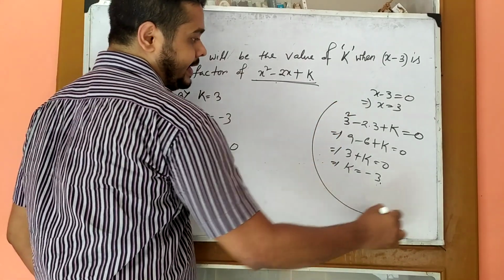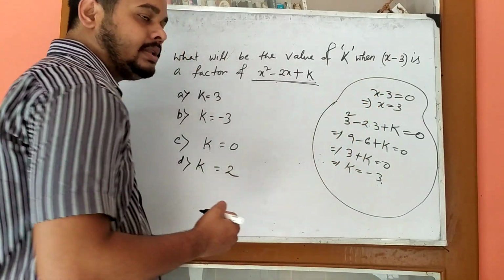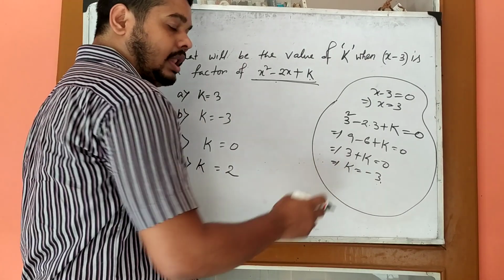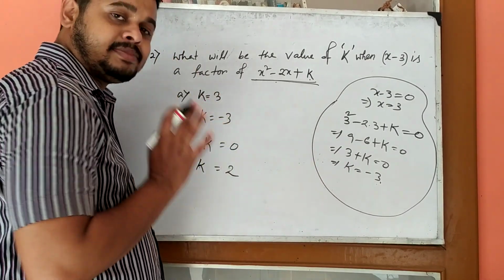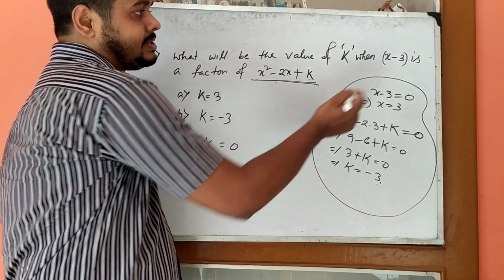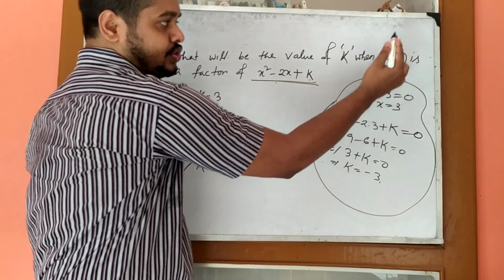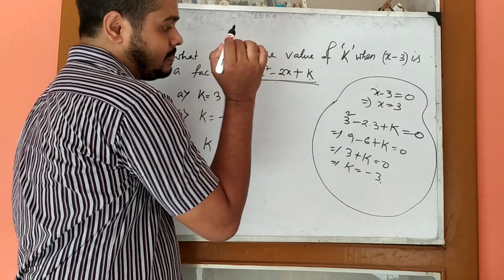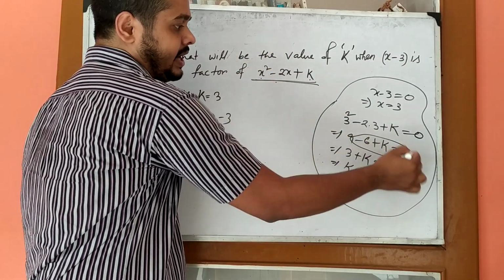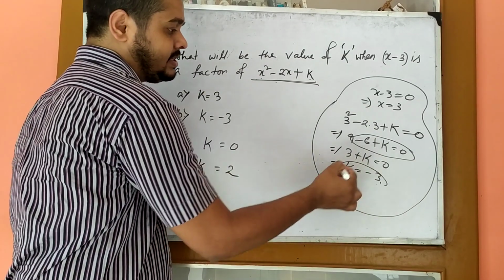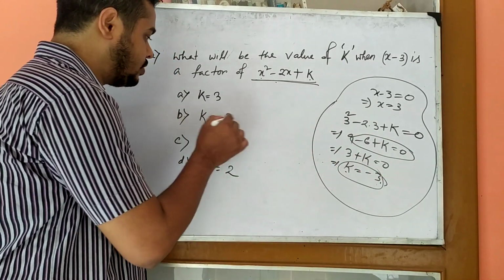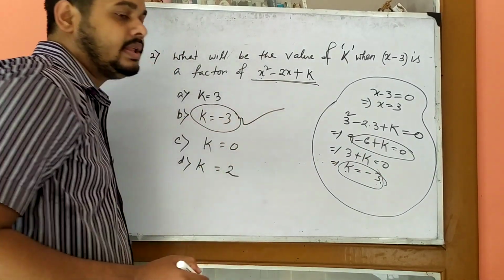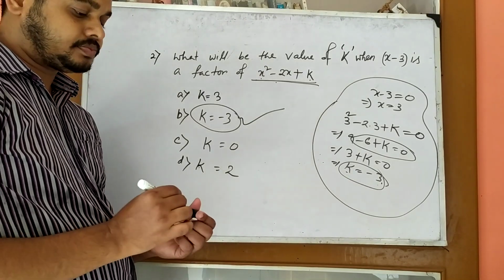You do not need to write all the details or calculation here, because this is an MCQ type question. Just put x equal to 3: 9 minus 6 plus k equals 0. Directly we can write from there, and hence k equals minus 3. So in that case, this is our correct answer.